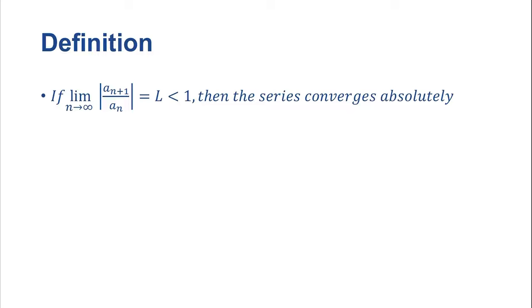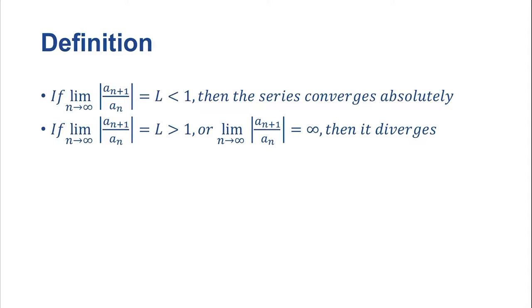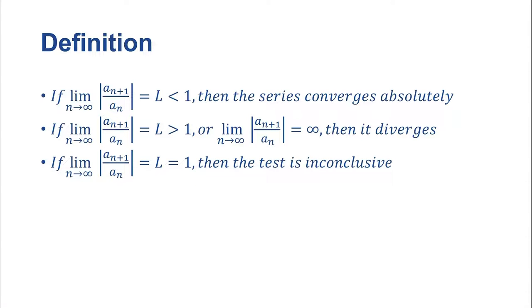And what we talked about in the last video is that if a series converges absolutely, then it will also just converge flat out. So now we have another case. If the limit that I just stated is greater than 1, or it's infinite, well then our series is going to diverge. And then finally, if the limit of that ratio is equal to L, and that's equal to 1, then the test is inconclusive.